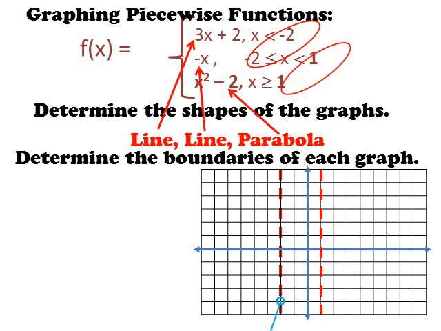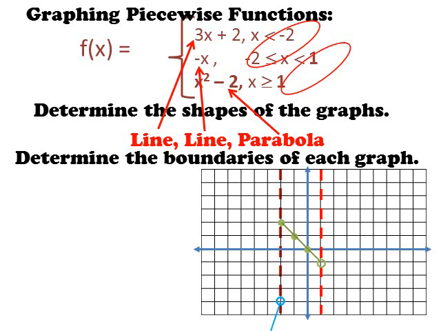Then negative x when x is between negative 2 and 1. I draw the straight line negative x using tables, with numbers between negative 2 and 1, then remove any part outside the interval from negative 2 to 1, like this. Negative 2 is a closed point, and 1 is an open point.